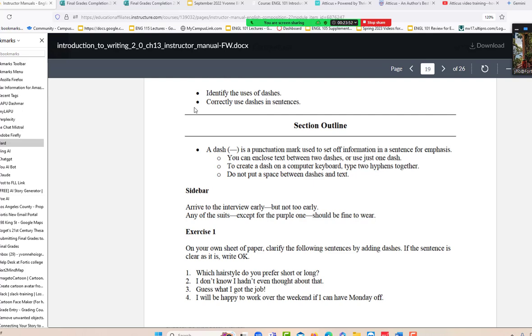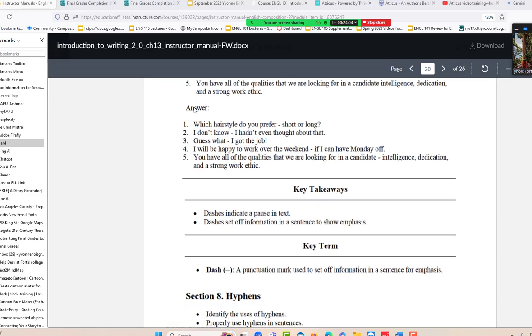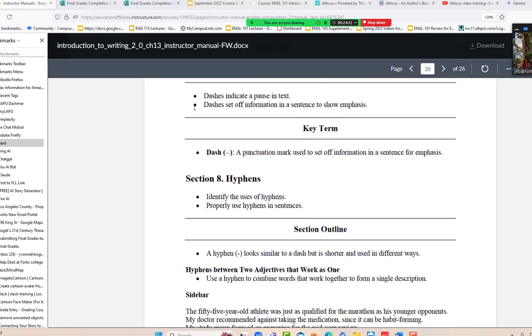Any of the suits—except for the purple one—should be fine to wear. So we use dashes for emphasis. Dashes indicate a pause in a text, and dashes set off information in a sentence to show emphasis.